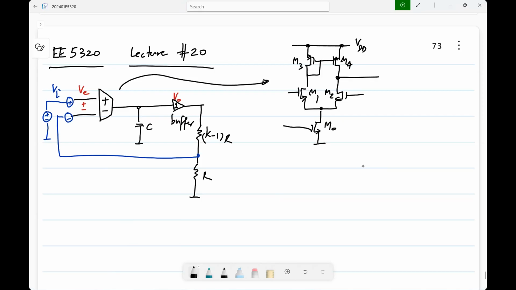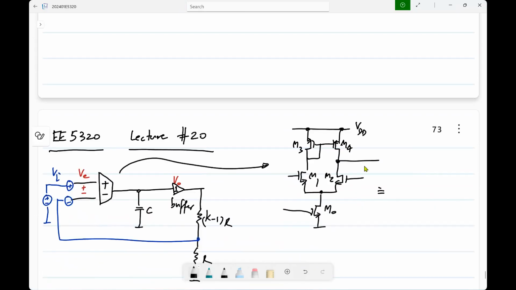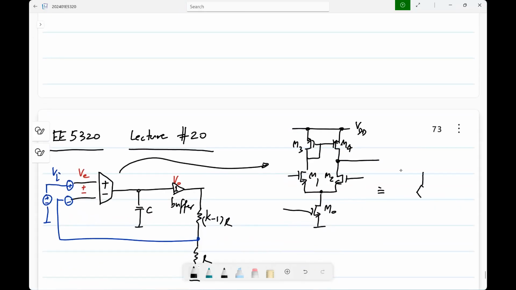We know that at the operating point, the incremental equivalent of this is a controlled current source in parallel with some output conductance. Okay. So that means that this can be described by some transconductance and some output resistance.